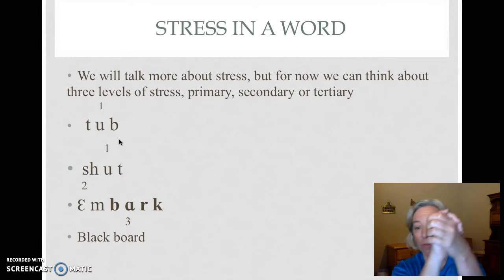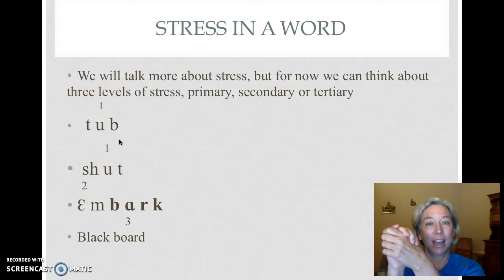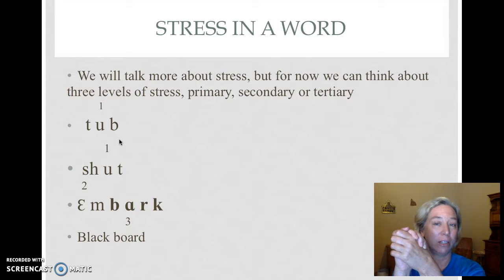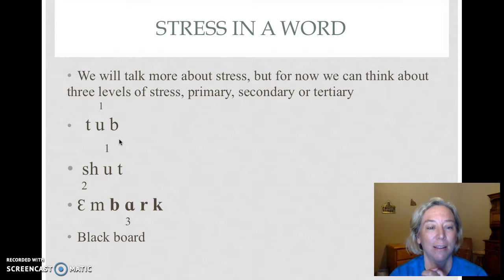In this example, I want you to see my hands here. You're going to hear 2 vowels, but only the second vowel is going to have primary stress. Embark. Embark. So the second vowel had more stress.